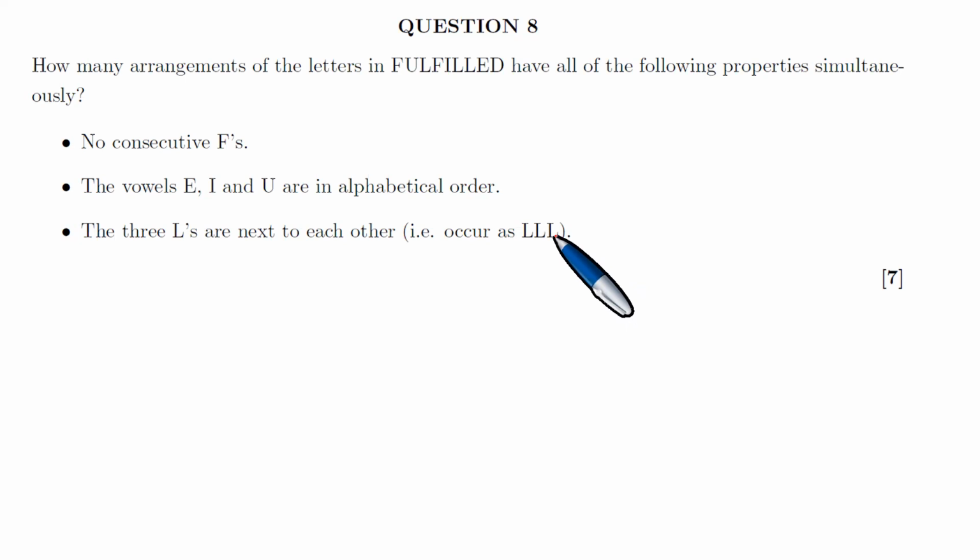Let's look at these. So we're asking how many arrangements of the letters in fulfilled have all the following properties. The easiest way is to always say those letters that are grouped together become the easiest. So now you deal with them as one object, like in this case the three L's, they're actually put together.